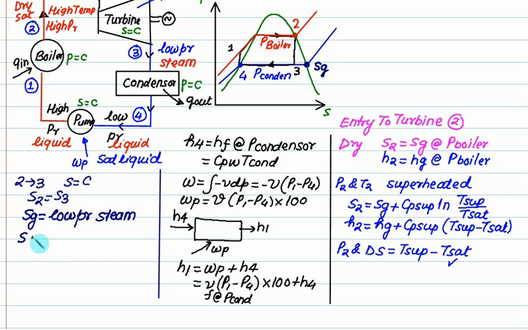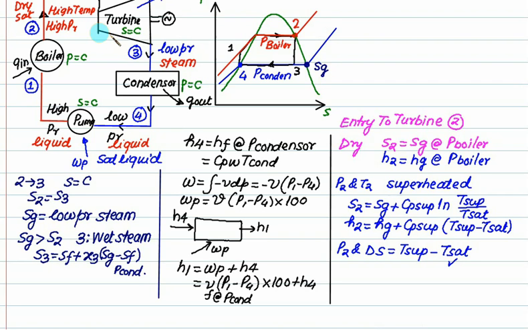So if Sg is greater than S2, Sg at low pressure is this point and S2 is this point, which is Sg for the boiler pressure. So S2 is less than Sg. So you can conclude that if Sg is greater than S2, then 3 is in the wet steam state. From this confirmed result, you can write S3 equals, at this point, Sf at condenser pressure.